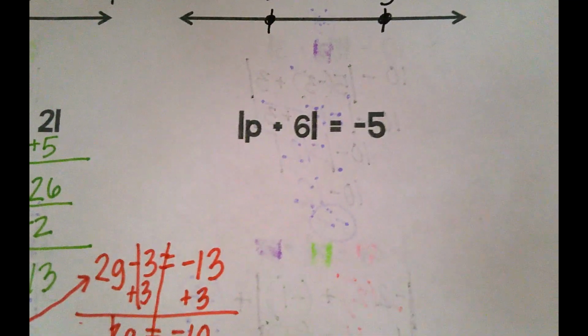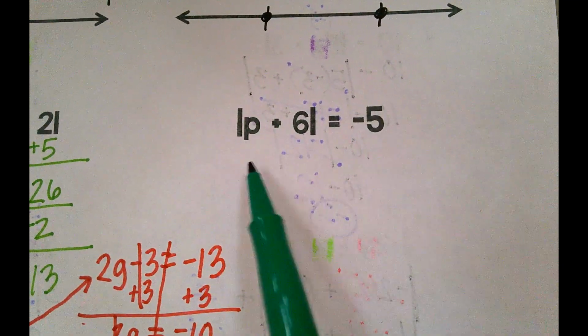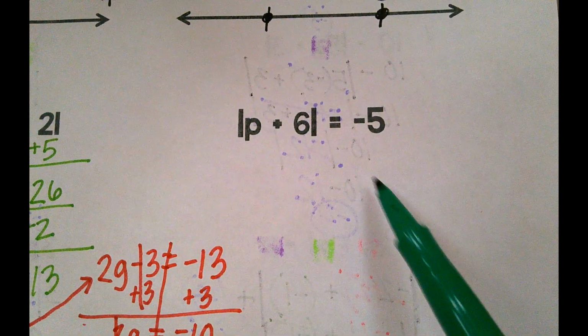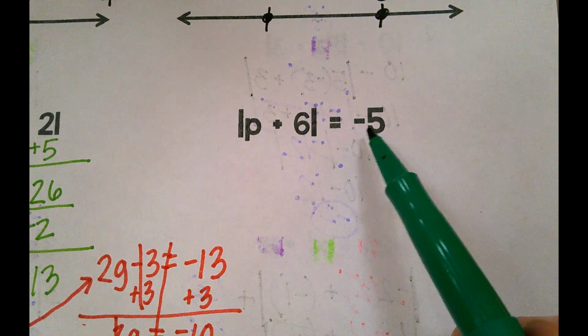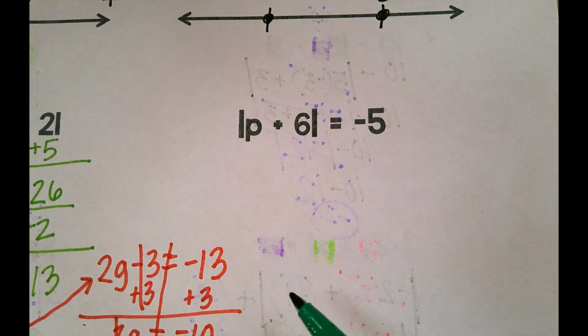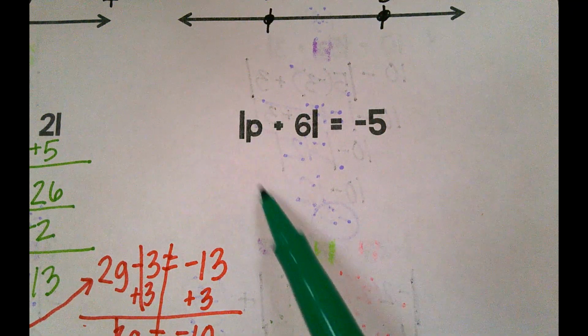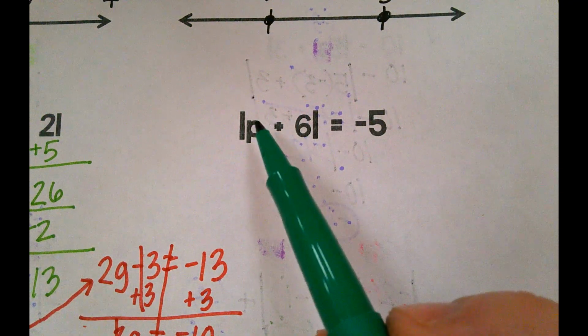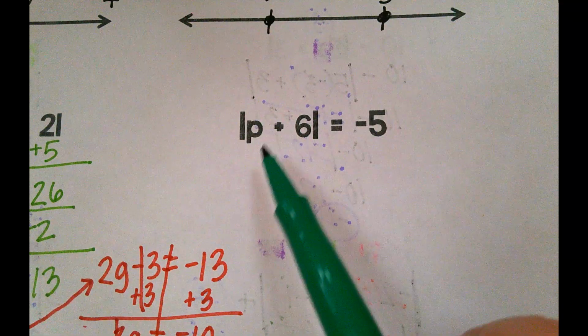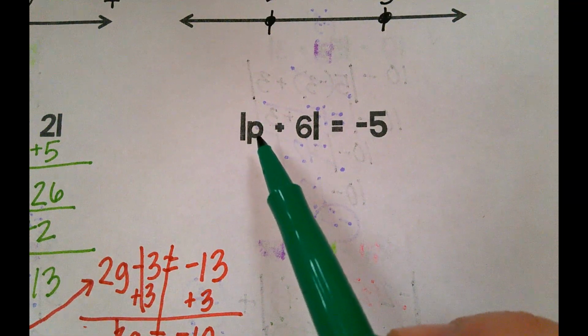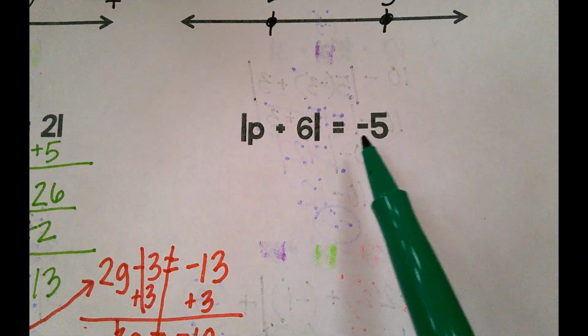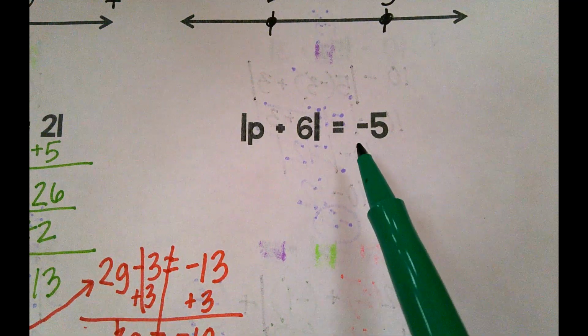But on this last problem, I have the absolute value of p plus 6 equals a negative number. Absolute value is always positive. I could plug in any number in the world for p. No matter what number I put here, my answer is never going to be negative. Ever.